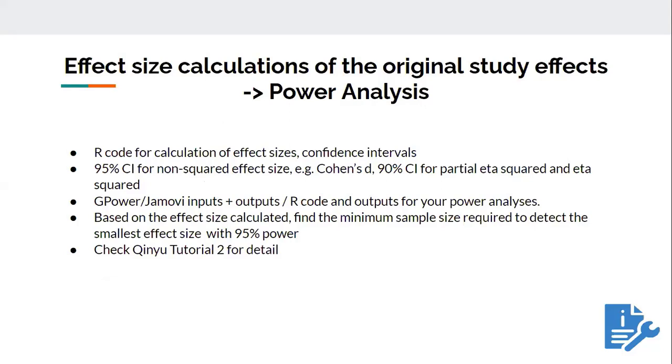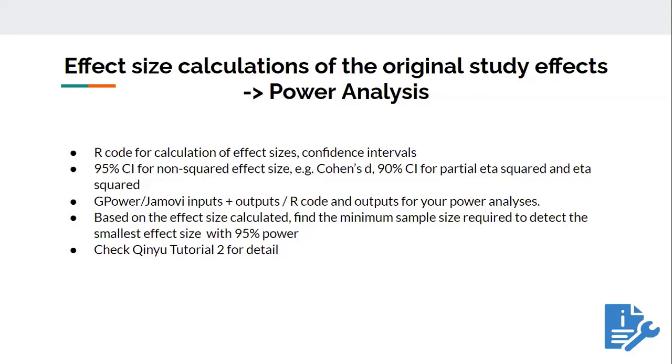Now, for this part, Chin discussed this in detail in tutorial 2. Even if you attended, it would be great to revisit the tutorial. Tutorial 2 is already uploaded on Open Science Framework. When you're actually working on the project, just revisit his tutorial, and this will help you really well.